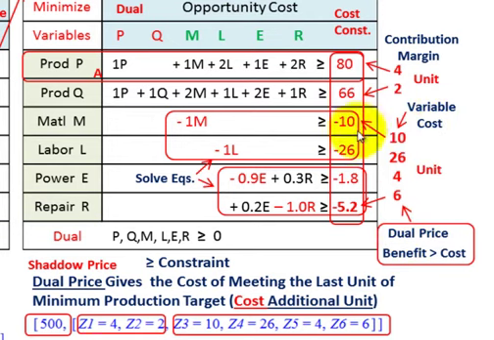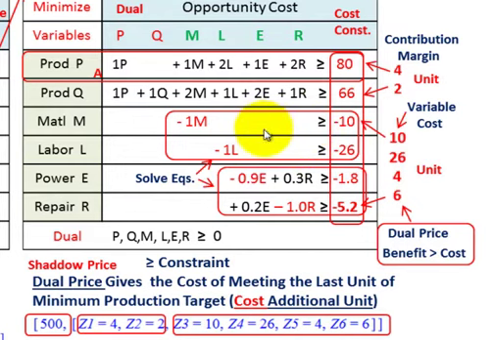Those are the variable costs that we have for our material, our labor, our power E, and repair cost R. We have those coefficients that we brought over from our objective function, but really what they're telling us is this: we're solving two different sets of equations.